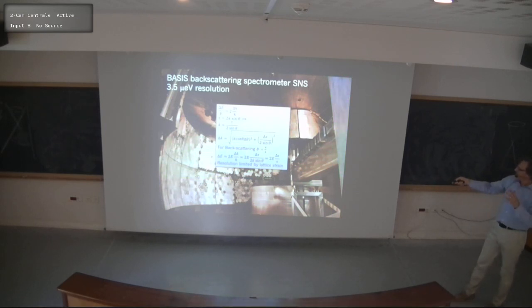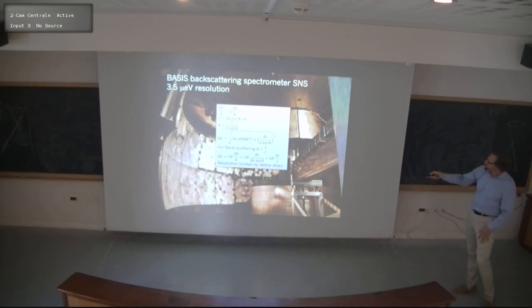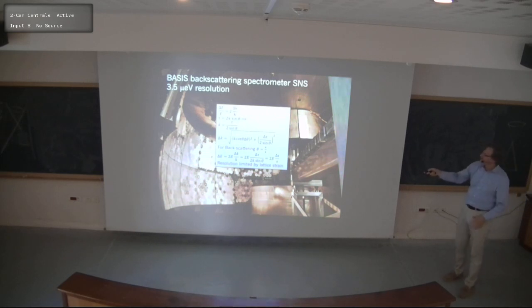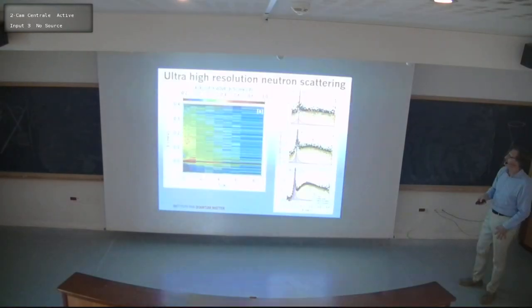Now, in backscattering, theta is equal to pi half, and this term goes completely away, and you're left with delta E, which is just 2 times the energy of the neutron multiplied by the relative strain in the crystal. So if you can have really high quality crystals, you can get to very high resolution. That's how they got to 3.5 microelectron volts.